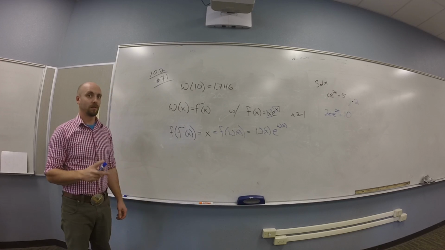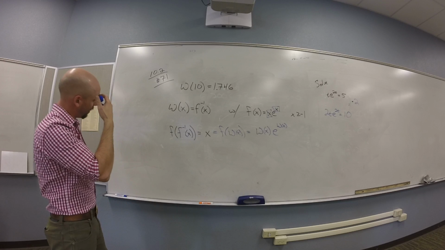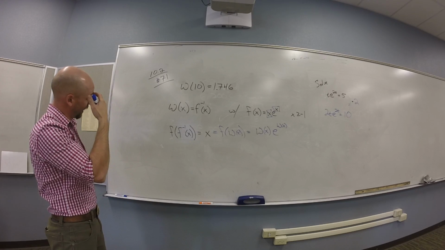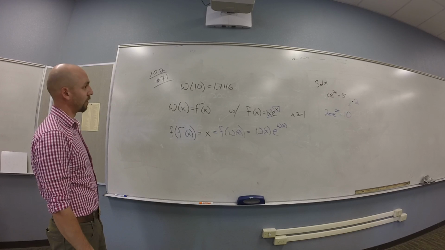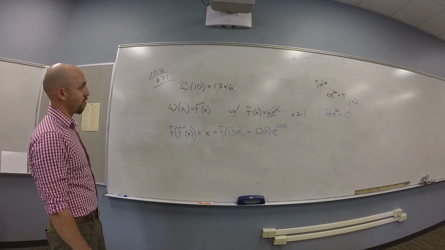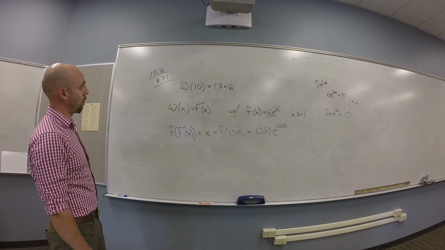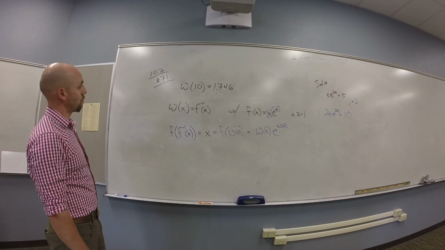You guys with me on that? Okay, and let's see, what do I know? I know that W of 10 is 1.746. What are we solving for?